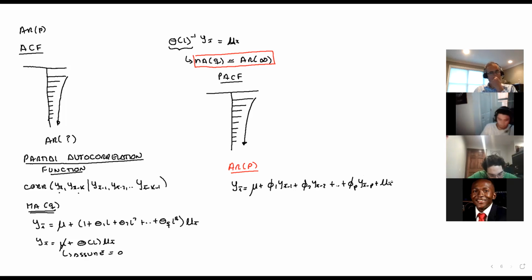Do you agree? So what is the direct impact? How many lags directly impact yt? P lags, do you agree? So how many partial autocorrelations will I have? I will have p. Correct, guys? So basically the partial autocorrelation function of an AR(p) process is going to look like this.